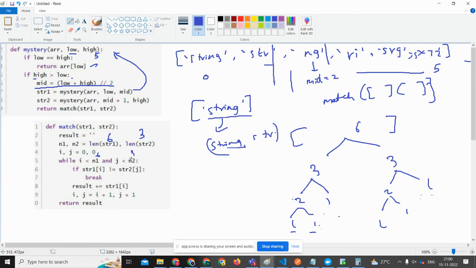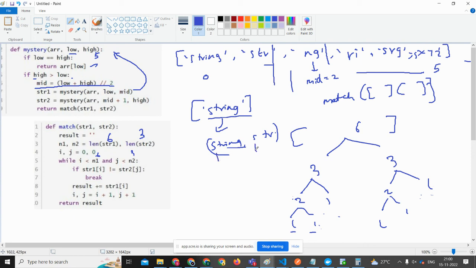Had it been an or, it would have continued, but since it's an and, if one of the conditions is finished, the loop ends. Correct. Go ahead. If at any point str1 of i is not equal to str2 of j, if we get one character which is not matching character by character, we immediately break out of the loop. Correct.